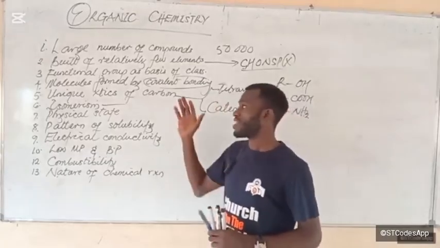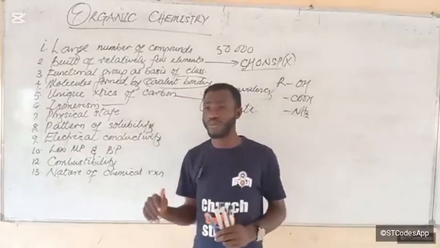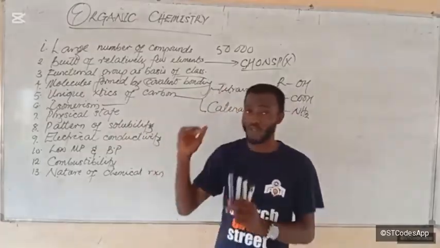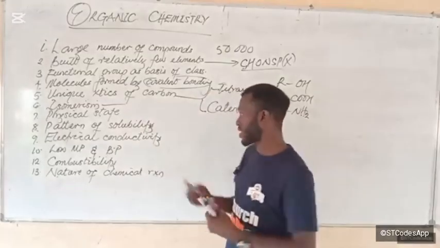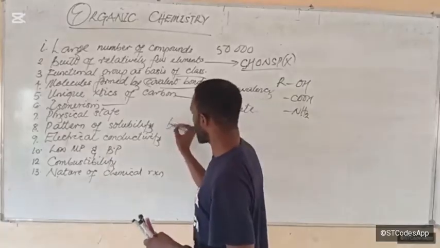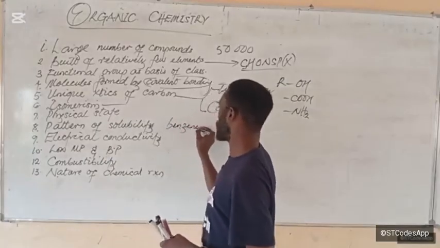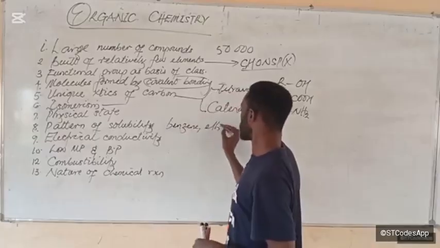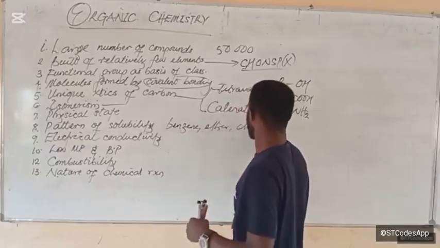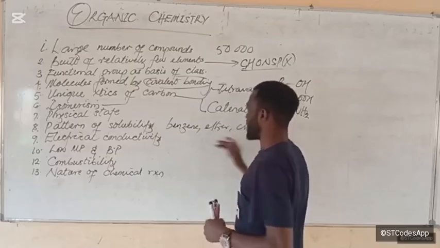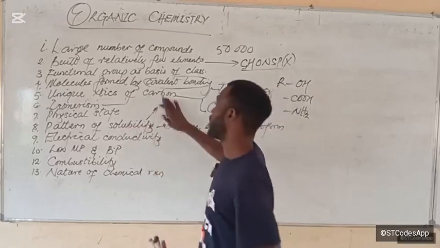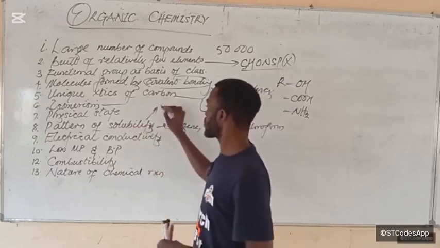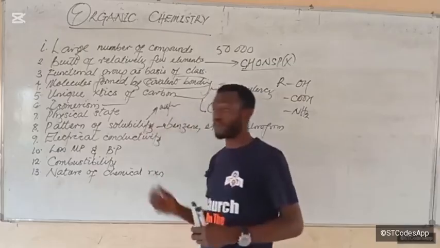So because of that, organic compounds are soluble only in organic solvents. Examples of organic solvents include benzene, ether, chloroform. So they are soluble in only these, but insoluble in polar solvents like water. So they are not soluble in water.